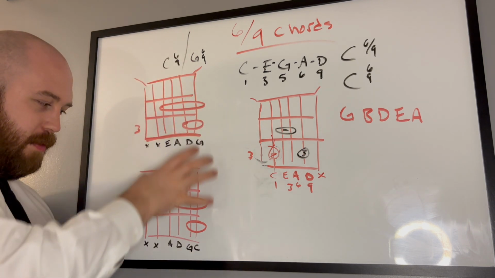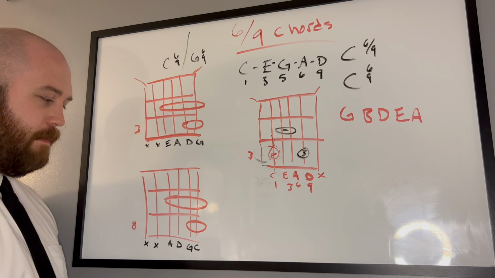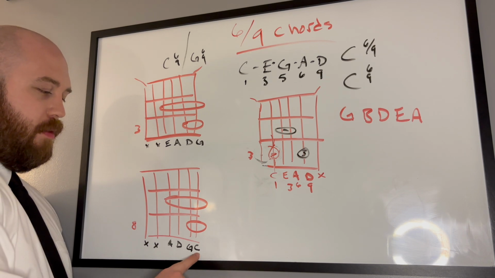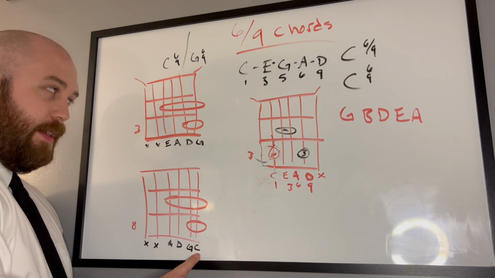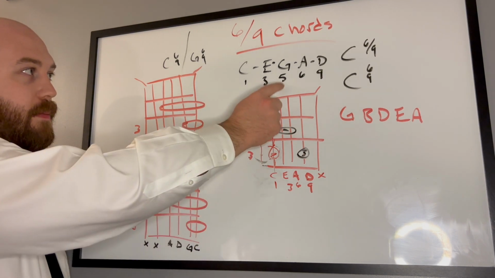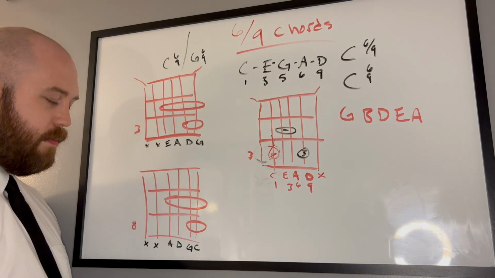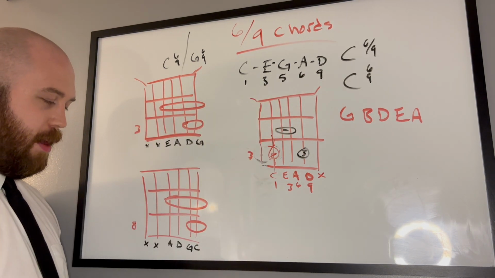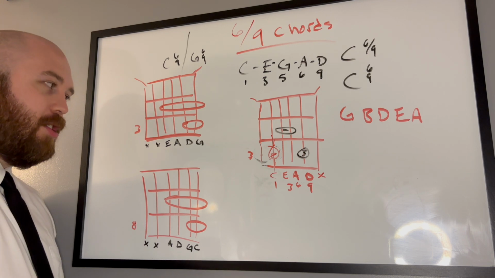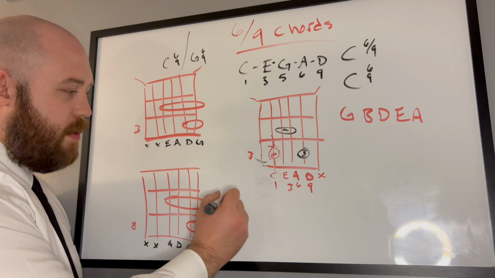Okay, so let's move the whole thing up to the 8th fret. We have a root note, C. So just to prove it, C, we have a G, we have a D, and we have an A. The other way to look at this, just like we did down here, is what if C was the 5th, right?